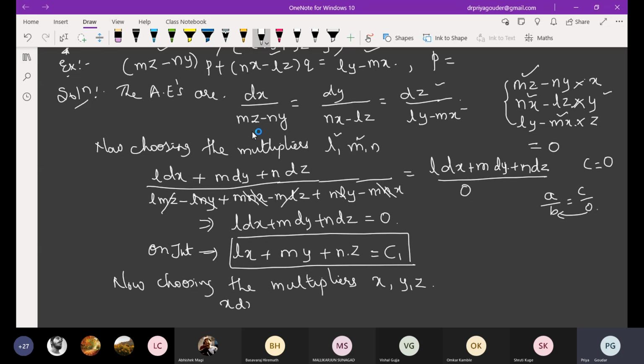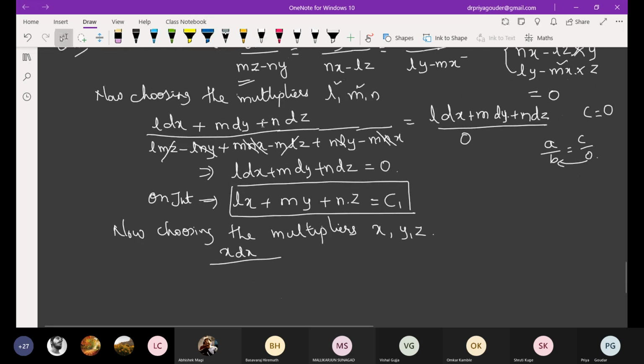So numerator is x dx. Tell me what happens to the denominator if you multiply this quantity with x. Nxz and Mxz. Next is nxy. Okay, this is for the first. Second one, y. So y dy.